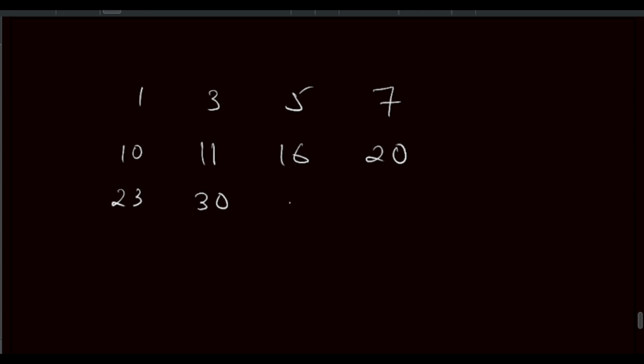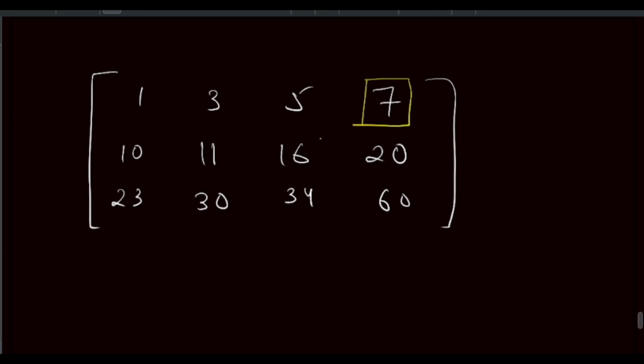So let's say you have 1, 3, 5, 7, 10, 11, 16, 20, 23, 30, 34, 60, and you're looking for 34, let's say. Now we are starting from here, from the upper right corner.